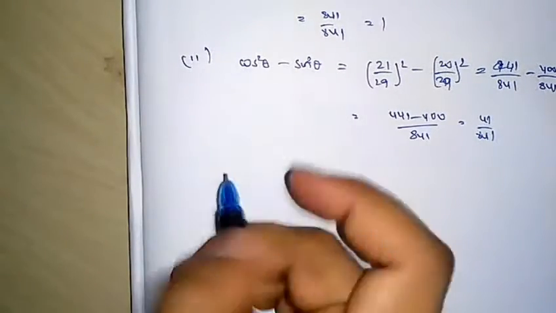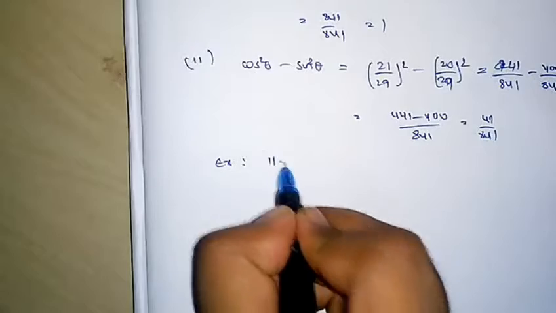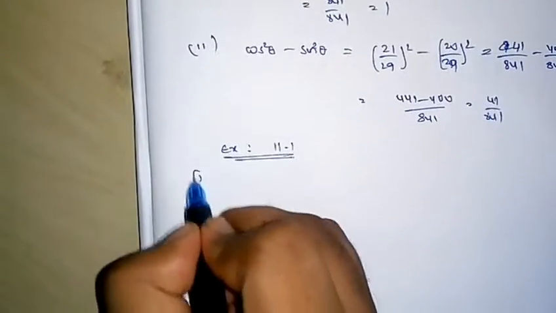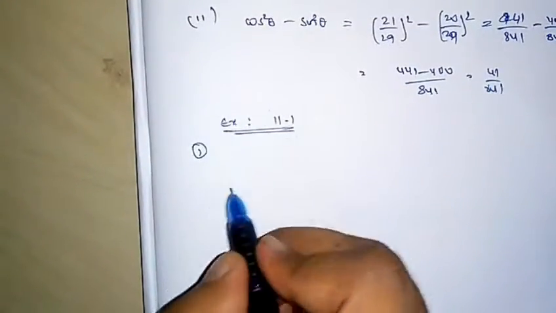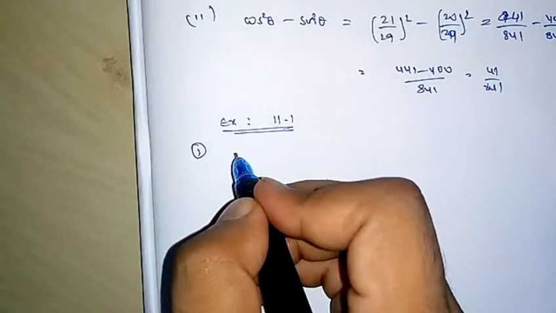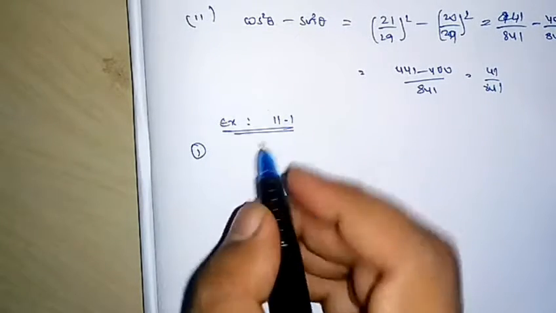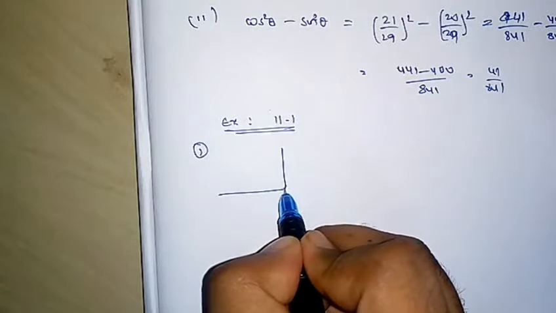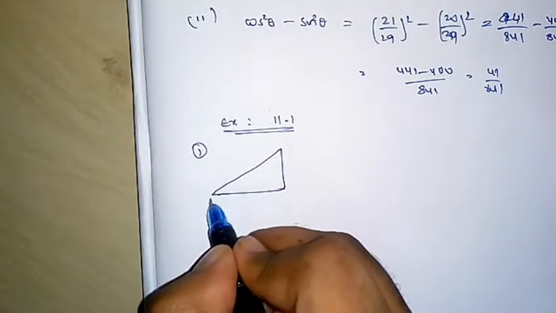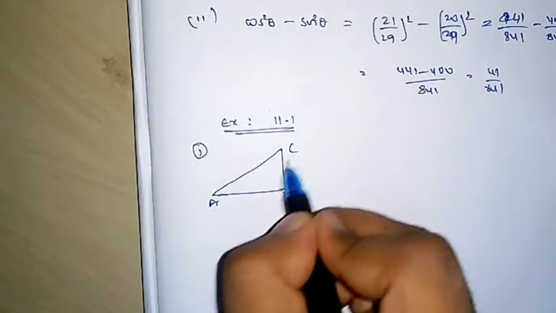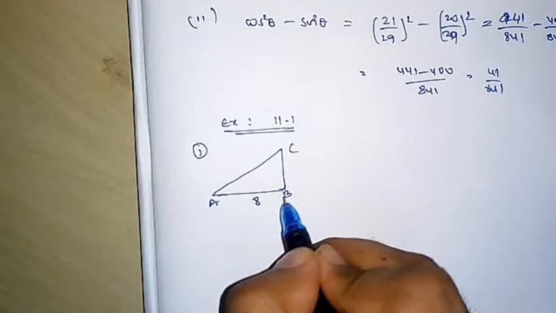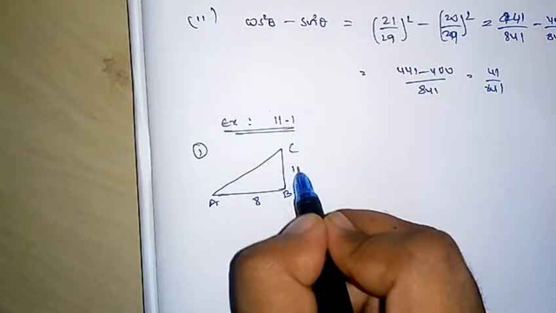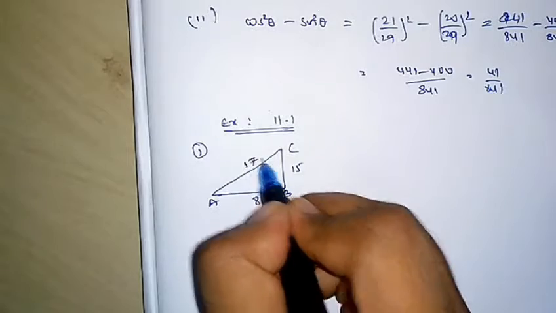Now we are starting with exercise 11.1. First question. In a right angle triangle ABC, 8 cm, 15 cm, 17 cm are the lengths of AB, BC, and AC. So you are given right triangle ABC. AB is of length 8, BC is of length 15, and AC is of length 17.